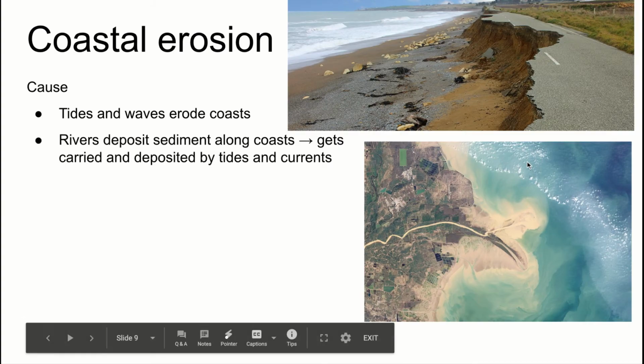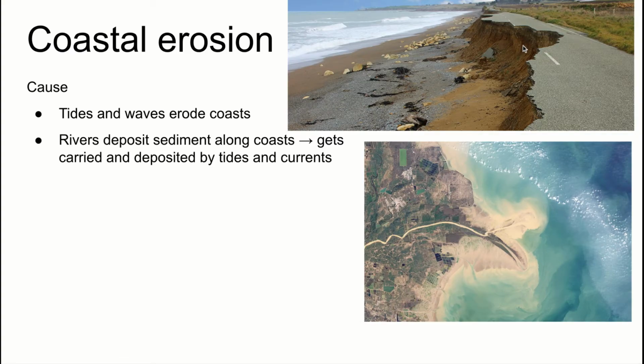In the bottom picture, we're kind of seeing the continuation of erosion because in these cases of coastal erosion, we're carrying away huge amounts of sediment into the water. We also have rivers that are depositing huge amounts of sediment into the water. And so we have in our coastal zones an extremely fluid situation where sediment is being built into new landforms.